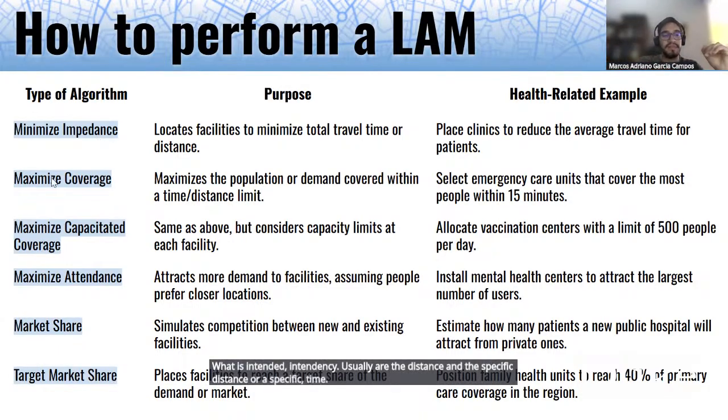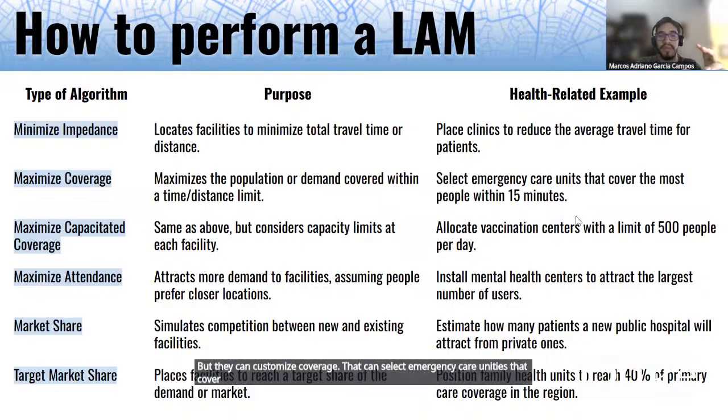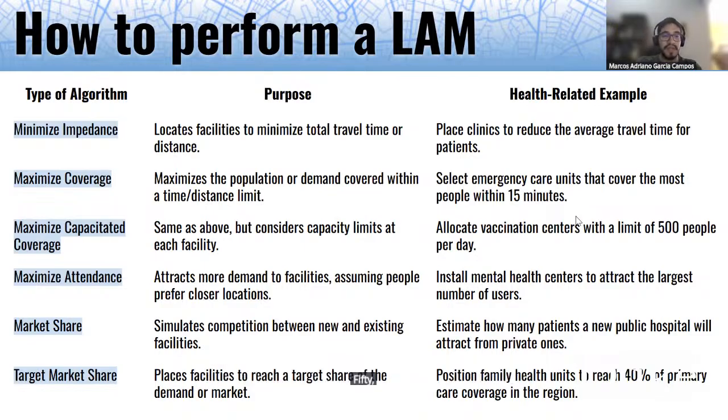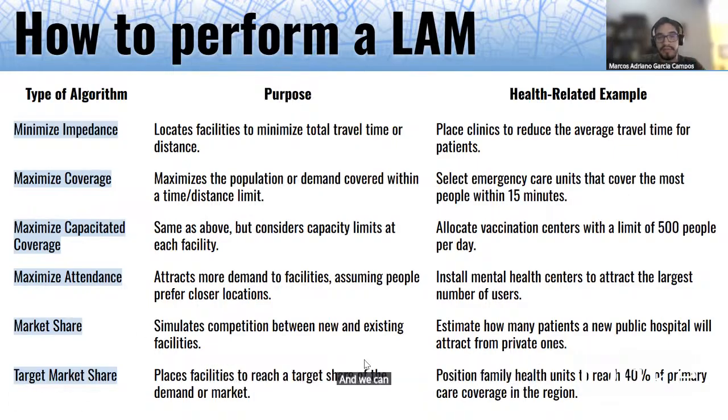But I can maximize coverage, selecting emergency care units that cover the most people within 50 minutes, or I could use maximize capacitated coverage, or maximize attendance, or market share, or target market share. They are very similar, with discrete differences between them, and it depends on the kind of problem you want to solve.